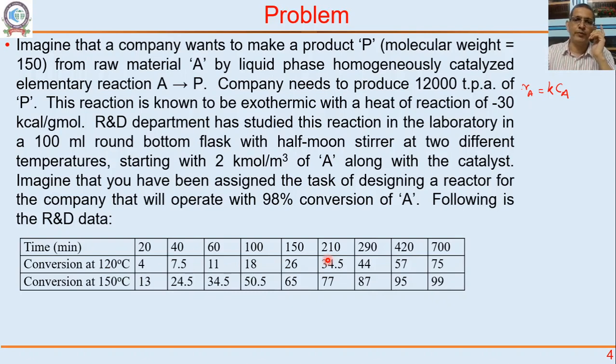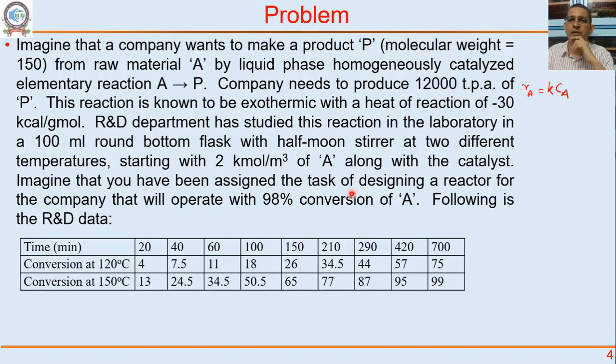What do you have to do? You have to design a reactor. What does that reactor have to do? It has to ensure that 98% of A gets converted, and it has to ensure that you will make 12,000 tons per annum.